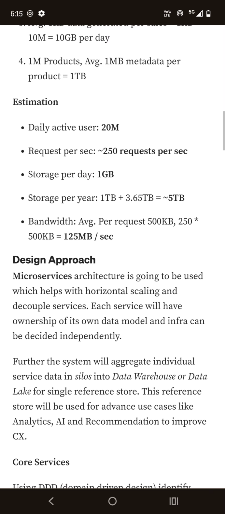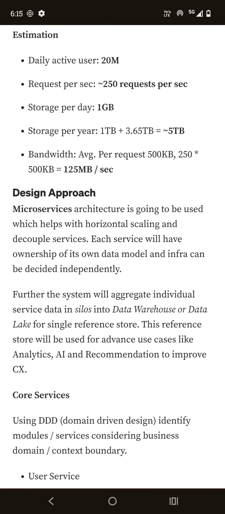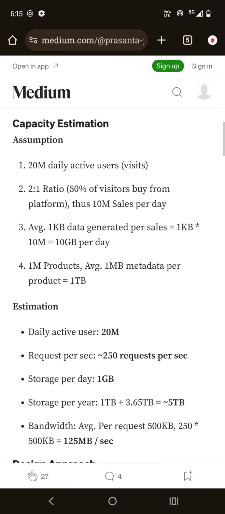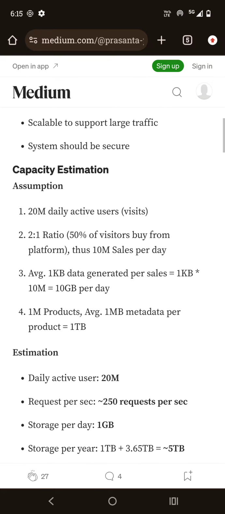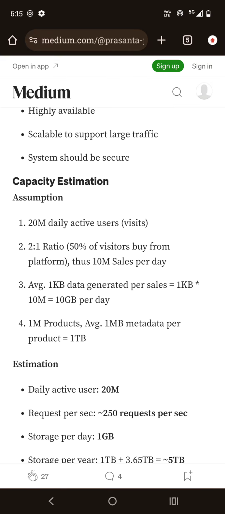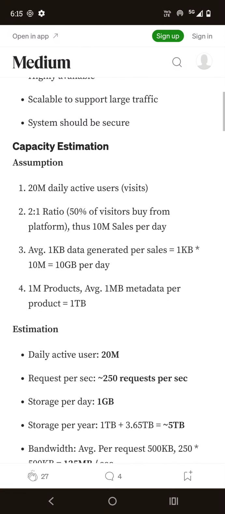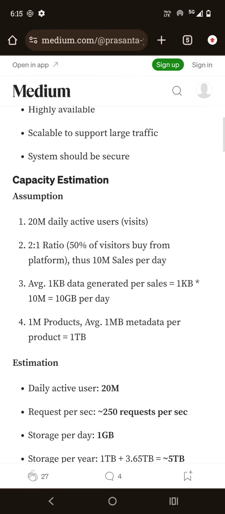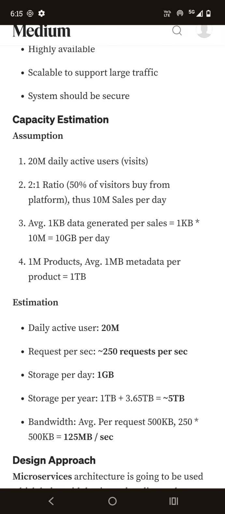You need to come up with the basic details when you are building an application. Capacity estimation will go in parallel. You will discuss with the storage and server admin teams, because when you build an application you need processing servers.